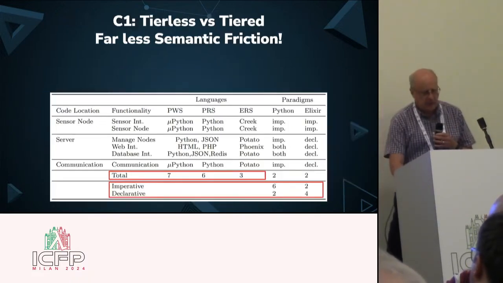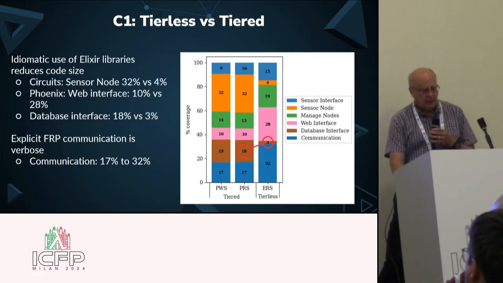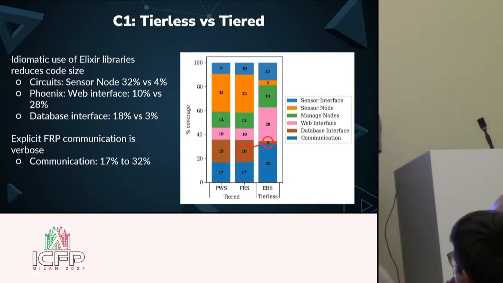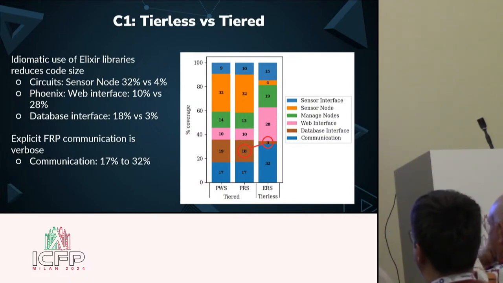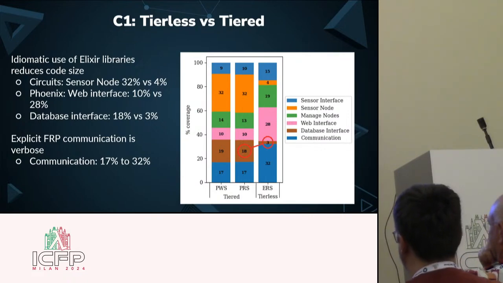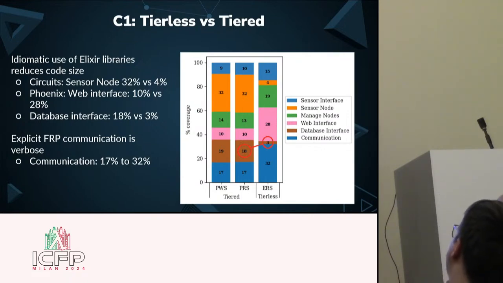If we dig into that a little, one of the first startling things is you have a whole lot less code talking to the actual sensor devices, and this is because the Circuits library in Elixir allows you to address them very directly. So the amount of code shrinks dramatically.